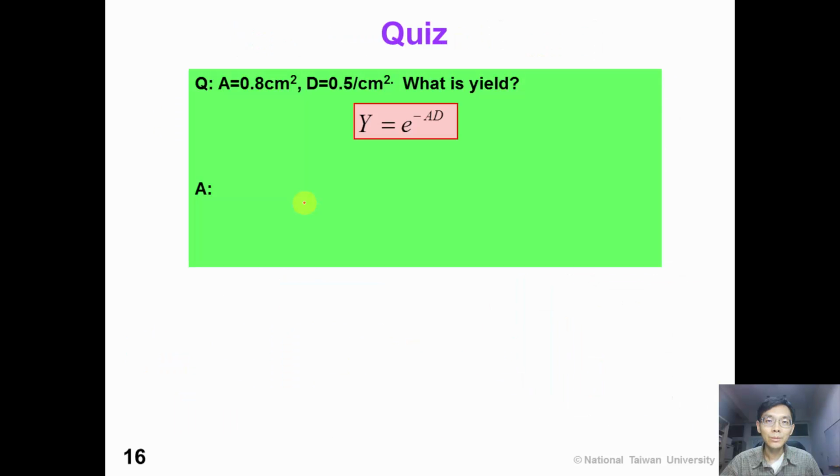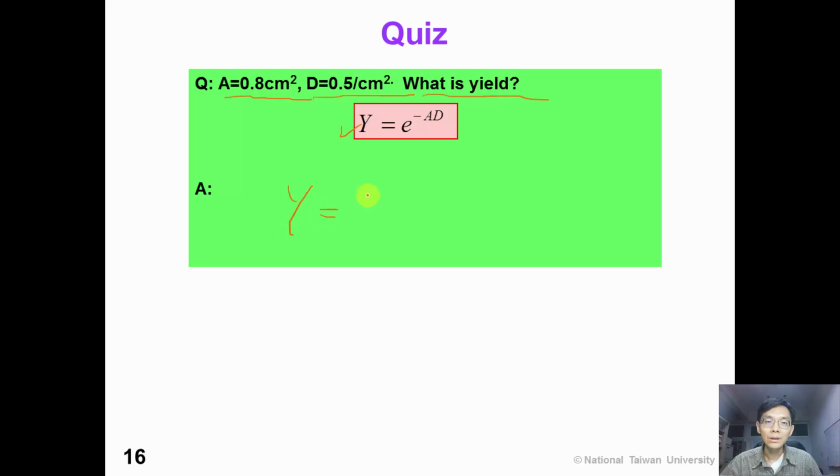Now it's time for a small quiz. Based on the simple yield model, assume that the die area is 0.8 square centimeters and the defect density is 0.5 per square centimeter. What is the yield based on these two numbers? Have you found the answer?